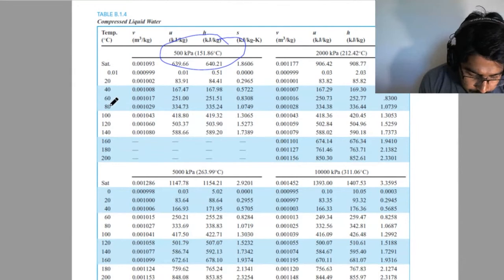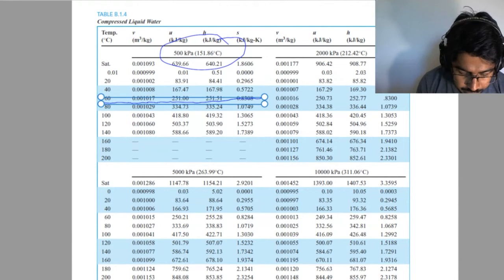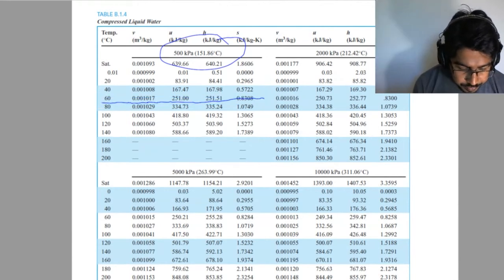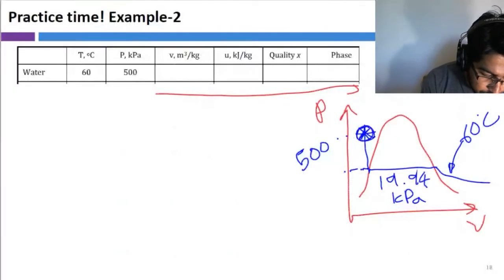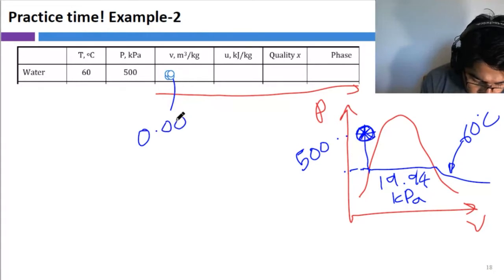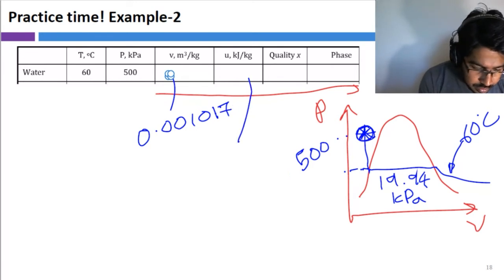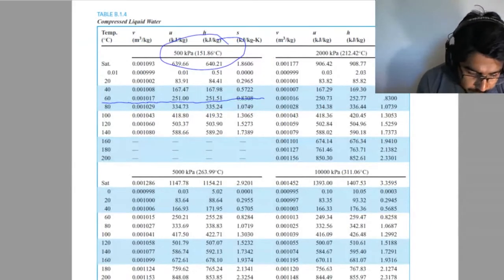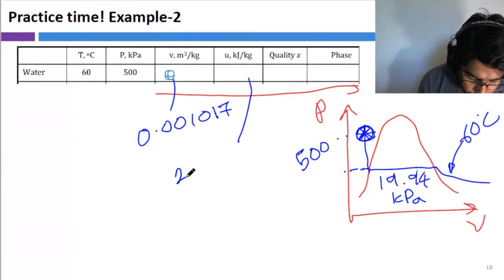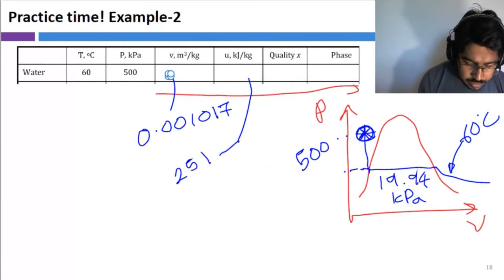I need to go to the applicable temperature, which is 60, and there I have all the properties that I need: specific volume and internal energy. The specific volume is 0.001017, right? And the internal energy is 251, right?